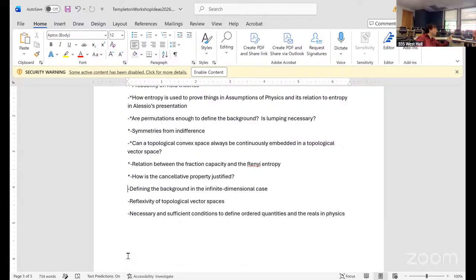I do not know exactly how these things work in classical mechanics. Sometimes it's easier to do things in quantum mechanics, and sometimes it's easier in classical mechanics.